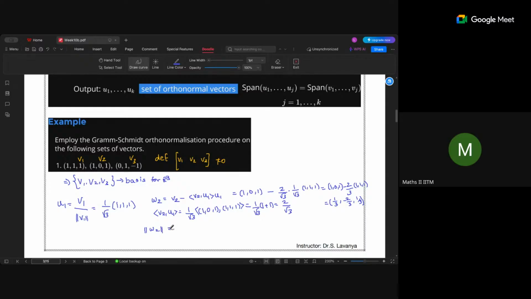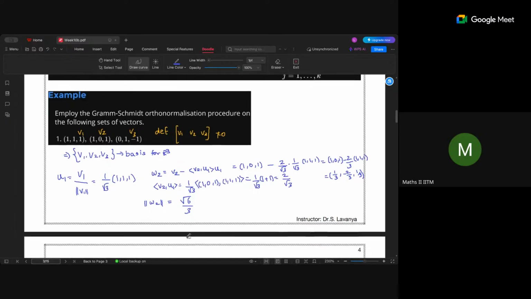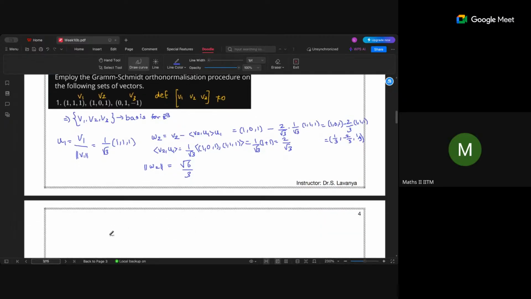What is the norm of w2? Compute the norm of w2 and tell me. What is norm w2? Root 6 by 3. Okay, good. Now we have to apply the next formula.